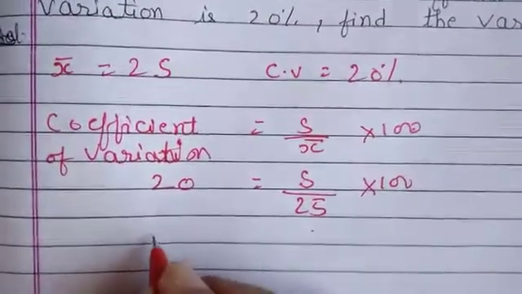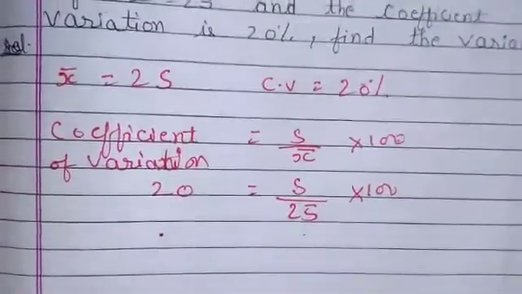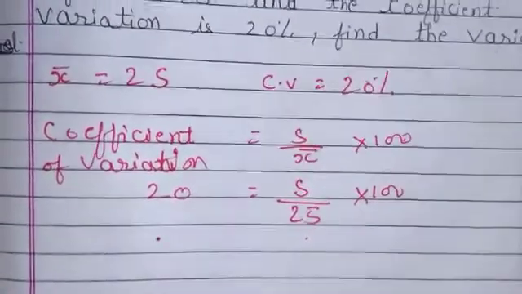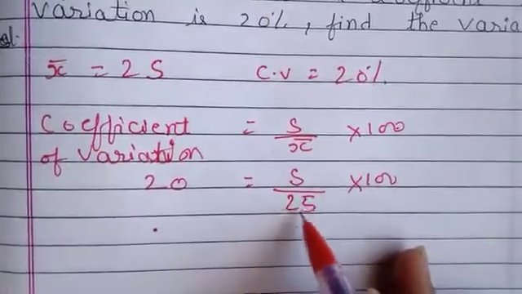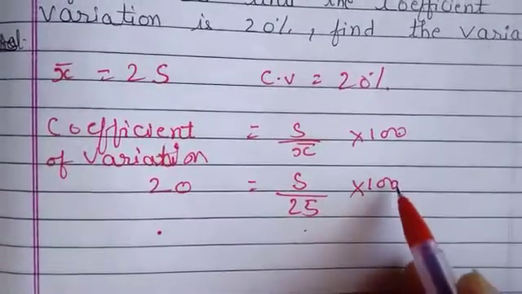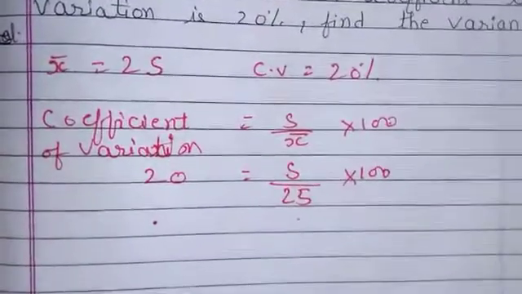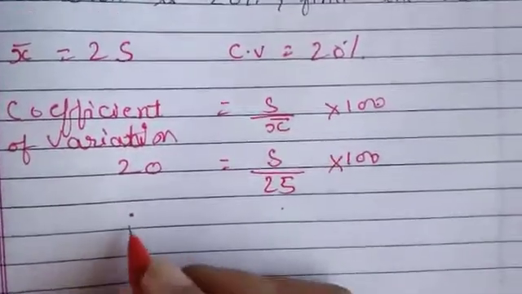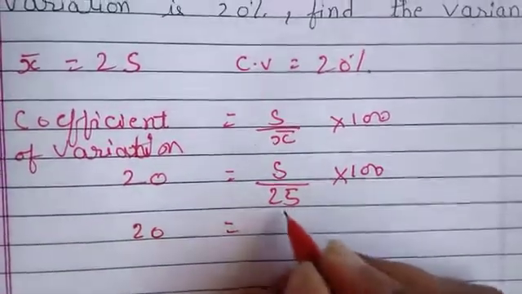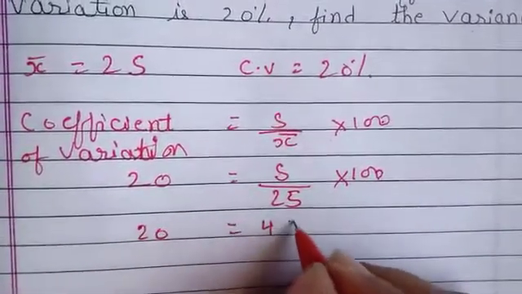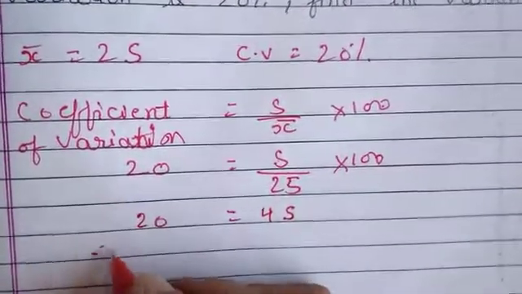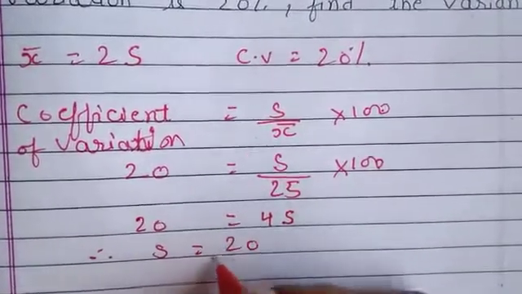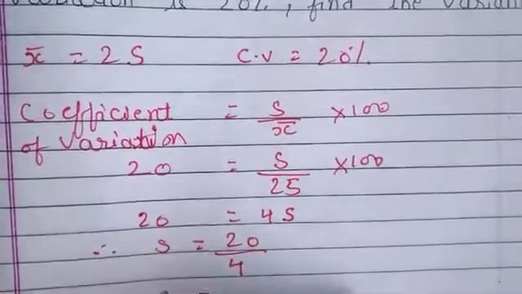Simple cross multiplication, or we can first cut and then divide by 4, any of the methods. So 20 is equal to s into 4, since 25 fours are 100. Therefore s is equal to 20 divided by 4, so s is equal to 5.